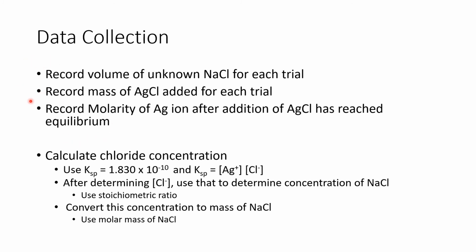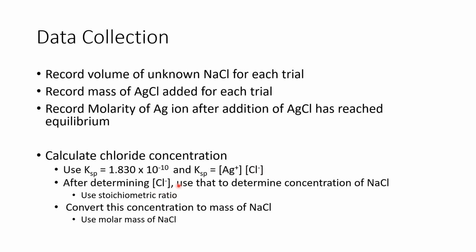So this is the data you collect, and then this is the data that you're going to calculate. First you're going to calculate the chloride concentration by using these two expressions slash values. You have this value that's given, and then you have this expression, and I'll leave it up to you. You're going to do a little bit of algebra and solve for chloride.